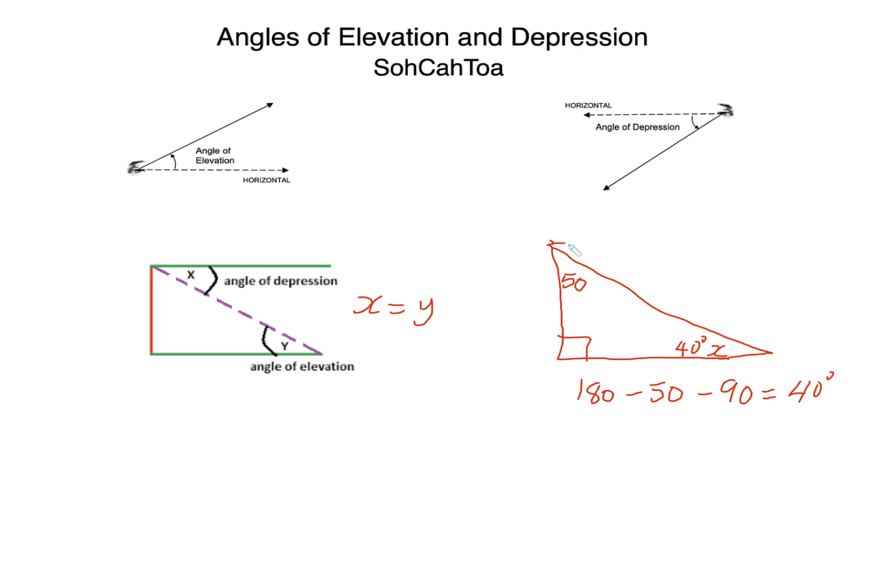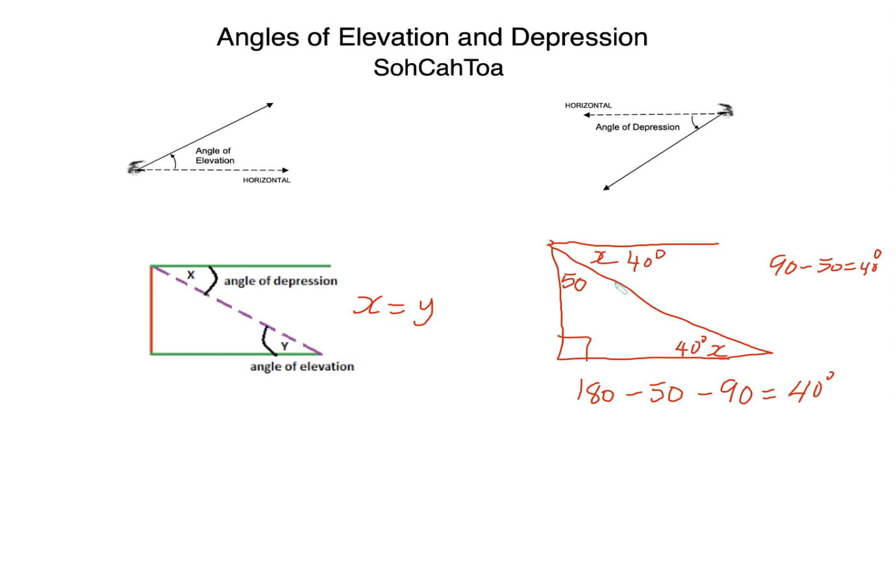Now suppose I want to find my angle here, which is the angle of depression. Now remember your complementary rule? So right here, these two angles sum to 90 degrees. So if I know this is 50, I can go 90 minus 50 and guess what I get? 40 degrees.